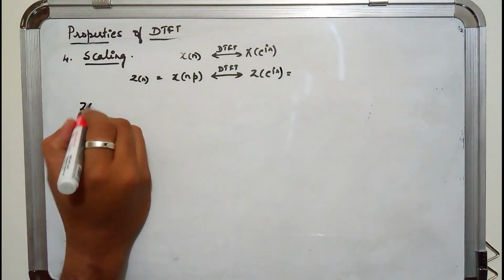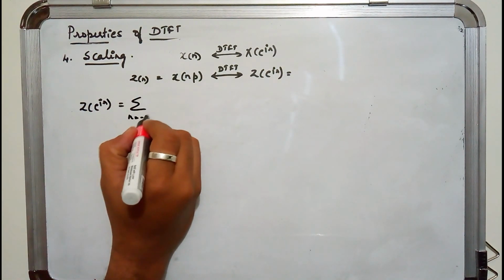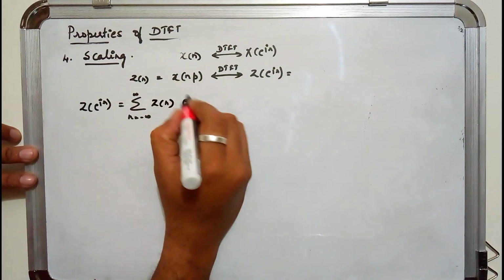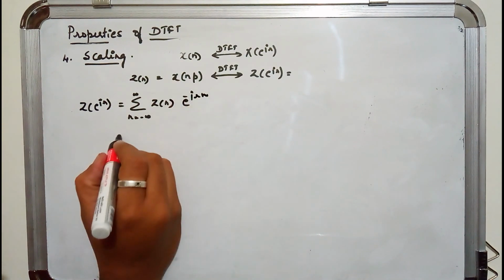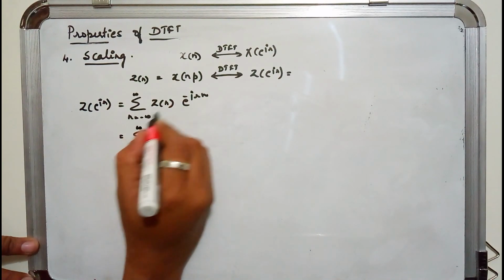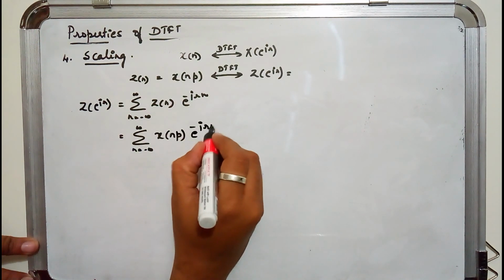So what is z of e power j omega from the basics? It is summation n is equal to minus infinity to infinity z of n into e power minus j omega n. So it will be equal to summation n is equal to minus infinity to infinity, z of n is x of np into e power minus j omega n.